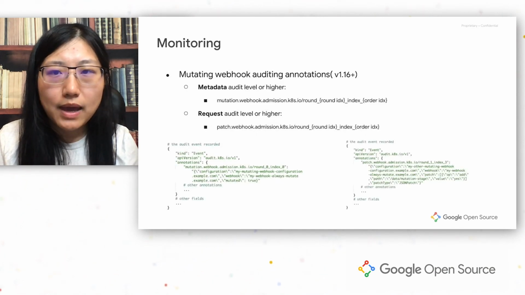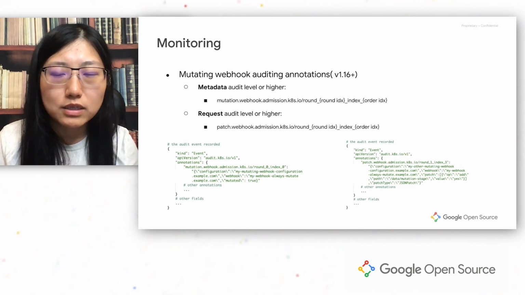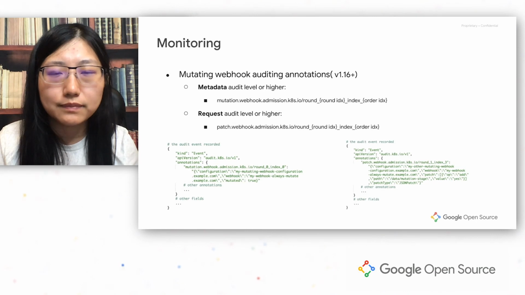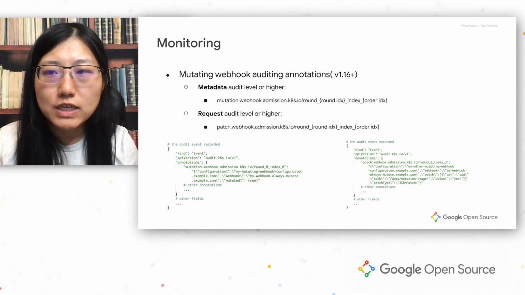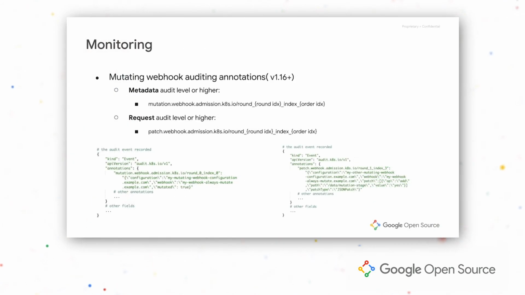The API server provides two main ways to monitor. The first is through auditing. Kube API server performs auditing on each mutating webhook invocation. Each invocation generates an auditing annotation capturing if the request object is mutated by the invocation, and optionally generates an annotation capturing the applied patch from the webhook admission response.